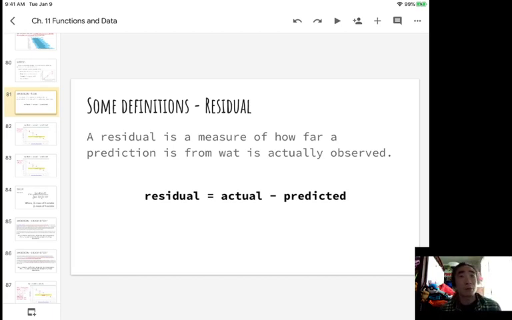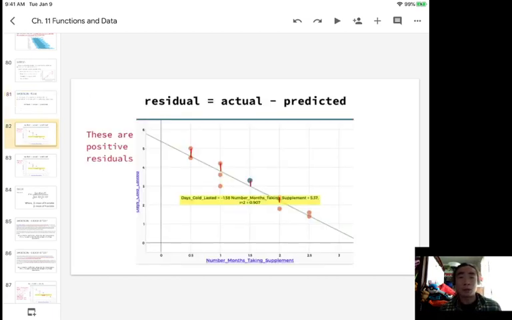Okay, simple enough, some subtraction. Here's a scatter plot, one that you may remember. On the x-axis here is number of months taking supplement. So think about that as months of eating some medicine. Over here on the y-axis is days cold lasted. And what's in front of you right now are the positive residuals. Your actual value is greater than your predicted value. Anything that's predicted is what your line of best fit says.